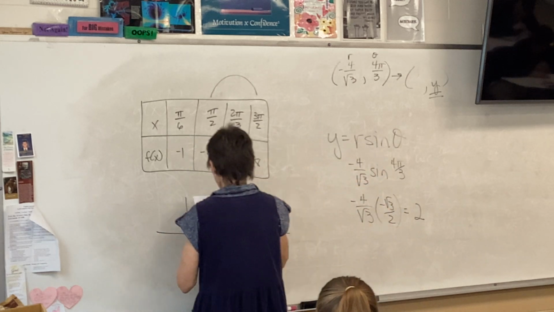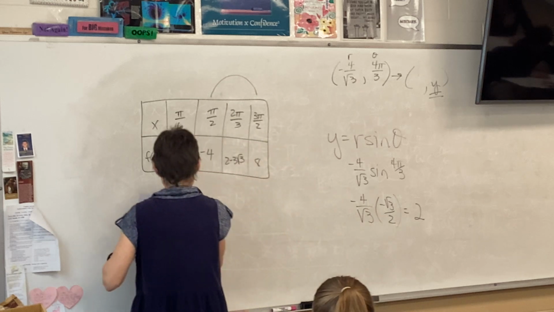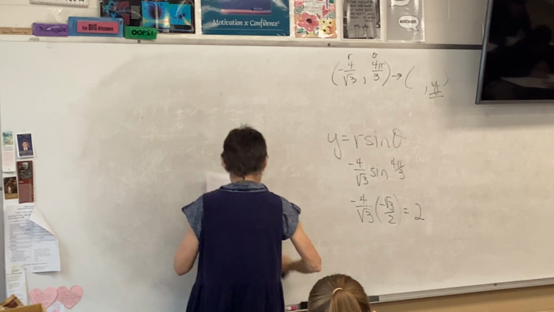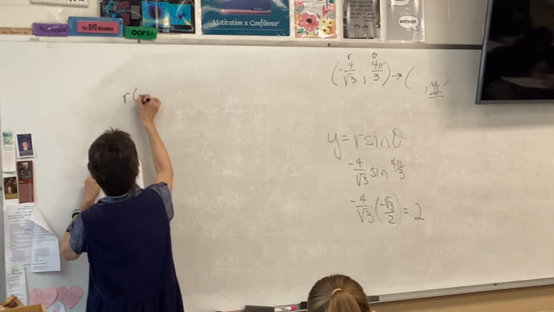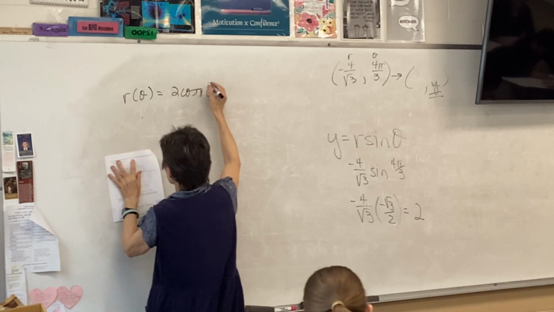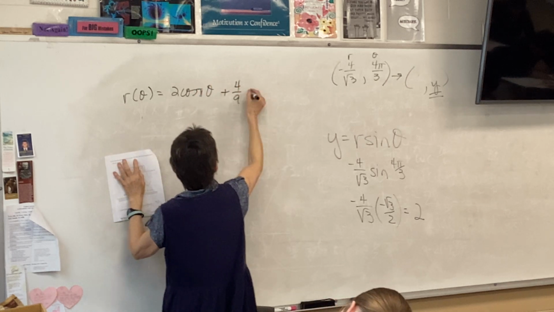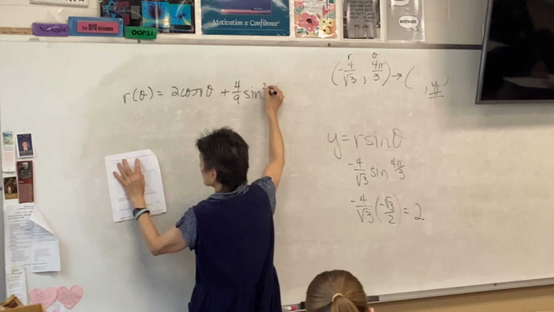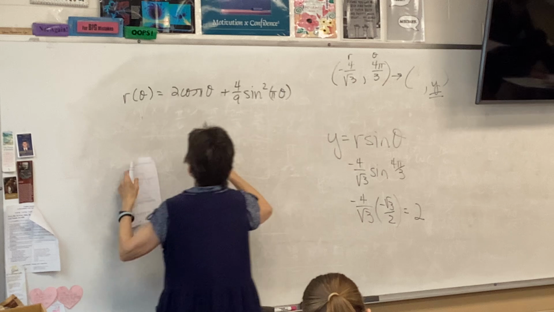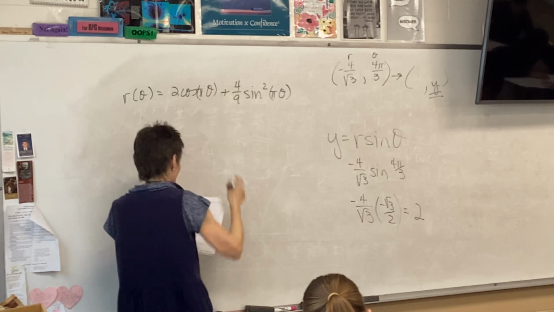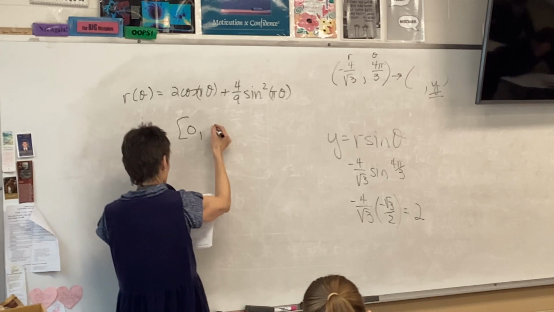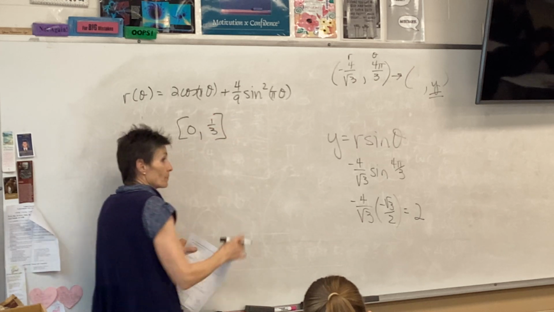All right, let R be the polar function defined by this big equation. Average rate of change from 0 to 1/3.